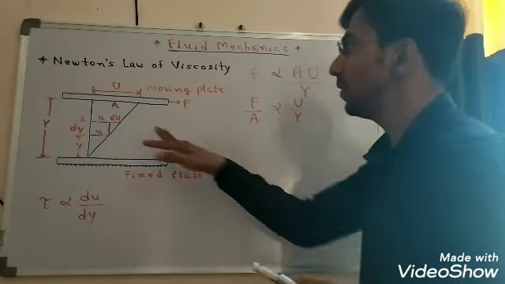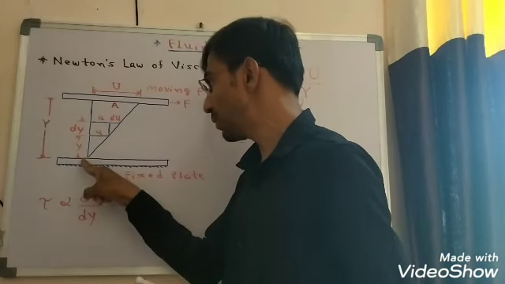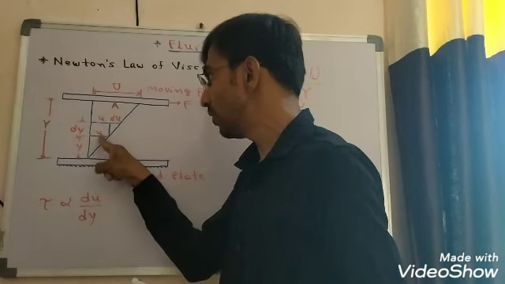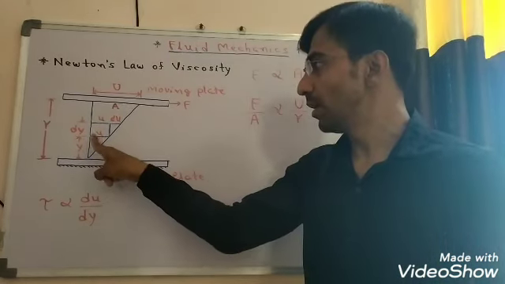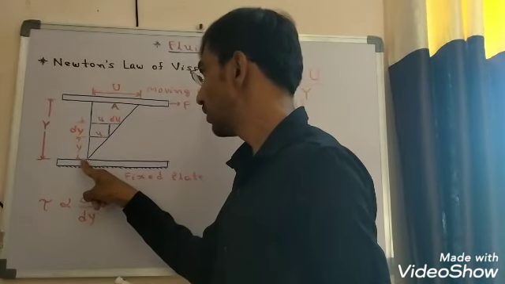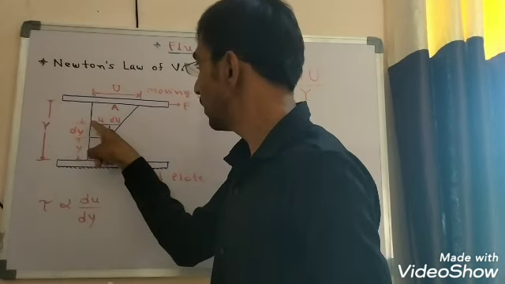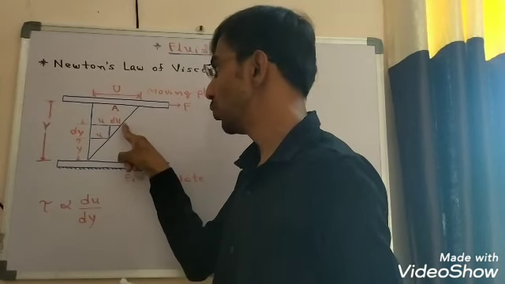From this figure, let at a distance y from the fixed plate, in this layer the velocity will be u, and at a distance y plus dy from the fixed plate, in this layer the velocity will be u plus du.